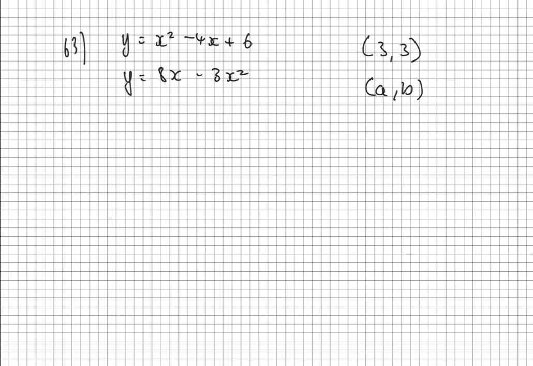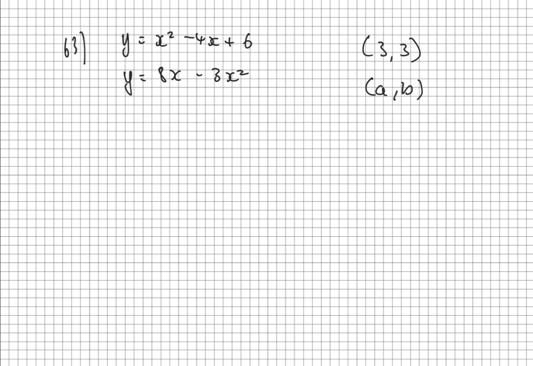Okay, question 63. You're told the gradient of y equals x squared minus 4x plus 6 at the point 3, 3 is the same as the gradient of y equals 8x minus 3x squared at the coordinate a, b, and we need to find the values of a and b. So we've been told that the gradients are the same at that particular point.